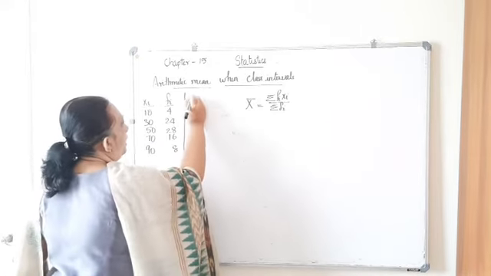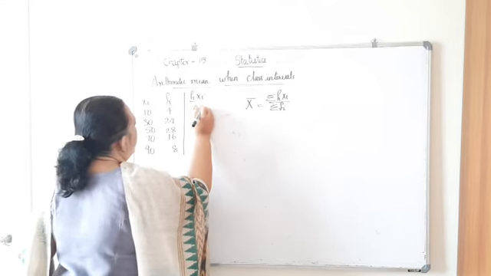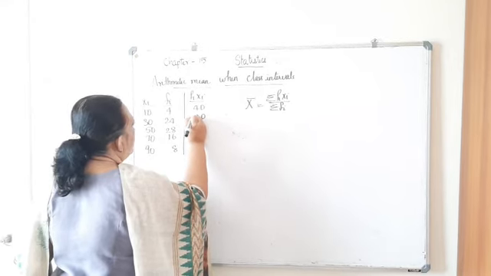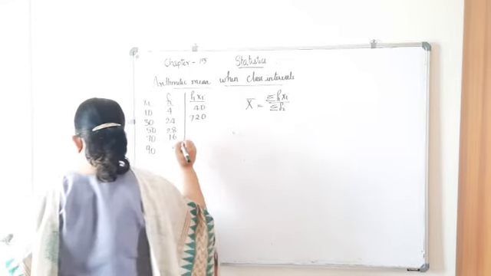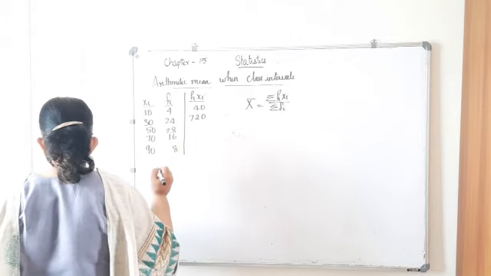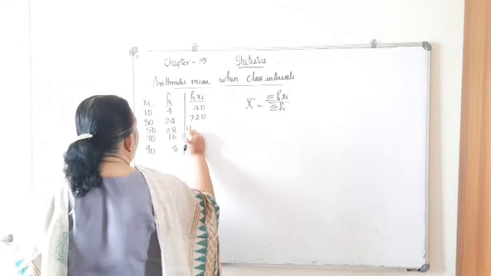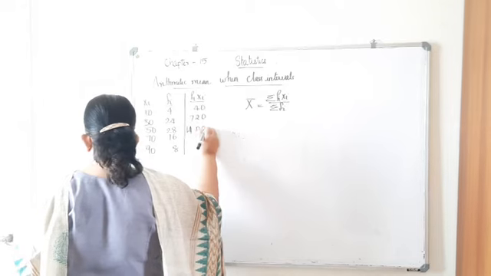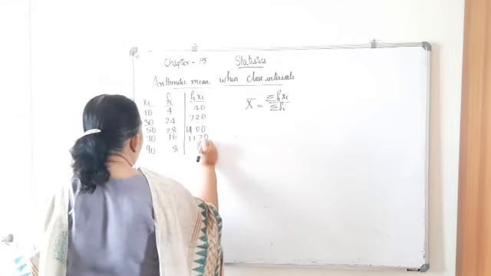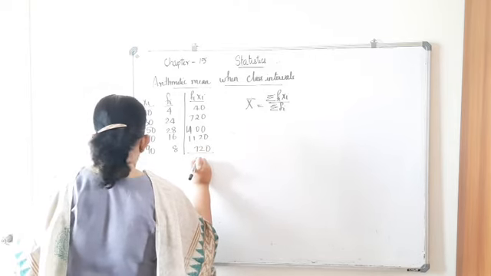The next column will be Fi into Xi. 4 into 10 is 40, 3 4s are 12, 6 and 1 7, 50 into 28, 1400, 1120, 720, and it comes up to 4000.